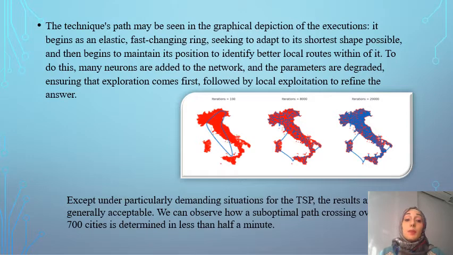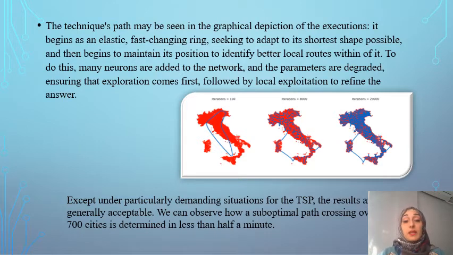The technique's path may be seen in the graphical depiction of the execution. It begins as an elastic, fast-changing ring, seeking to adapt to its shortest shape possible, and then begins to maintain its position to identify better local routes within it.